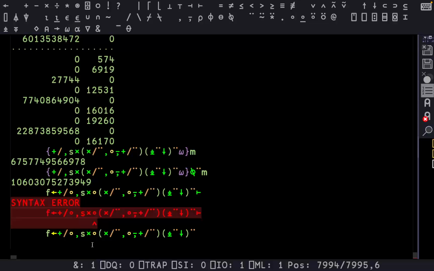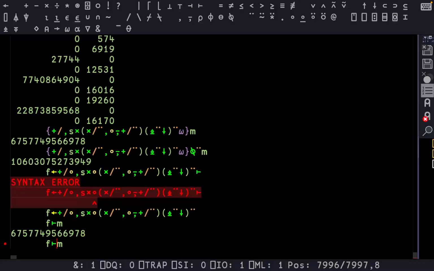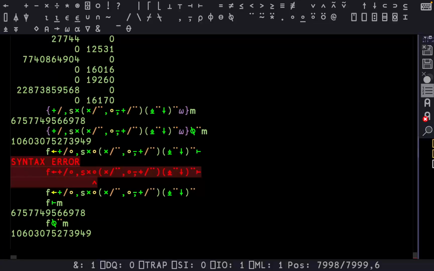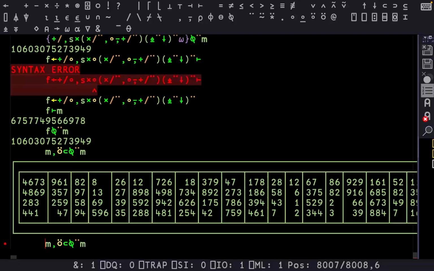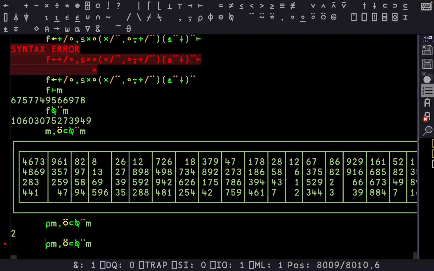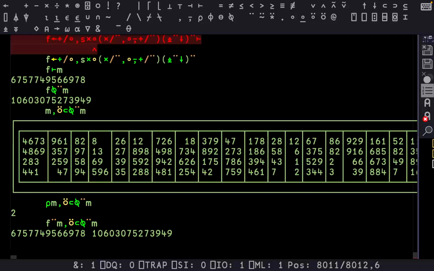So then we do f, we get our part 1 answer. We can get our part 2 answer like this. If we want to be ultra fancy, we can do them both at the same time by doing catenate over enclose. And if we look at the shape of this, this gives us 2 elements. And then for each one of these, we can do f. And this gives us our part 1 and part 2 answers in a single go.